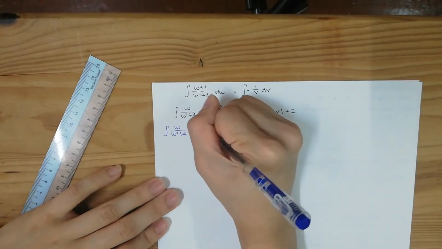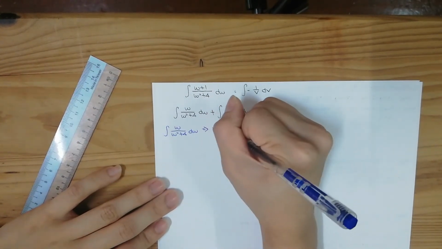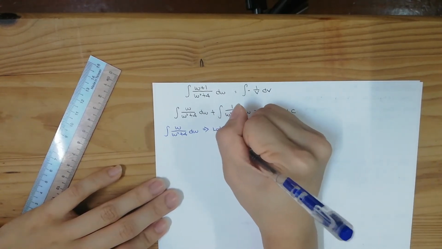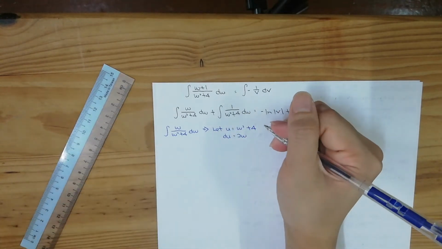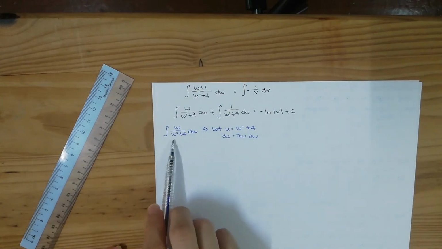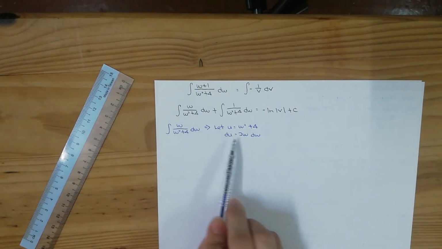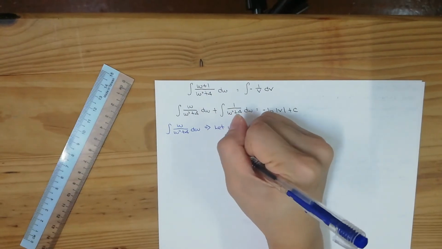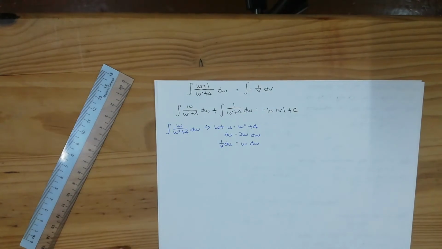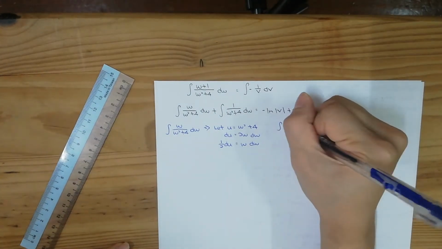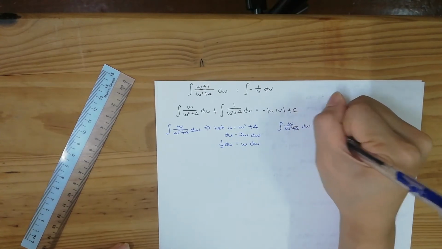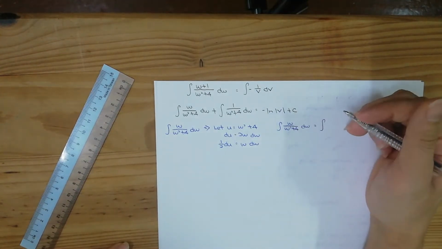So we let u equal to w squared plus 4. So du is equal to 2w dw. So we can see here our equation only requires w dw. We don't need the 2. So we shift it to the other side.